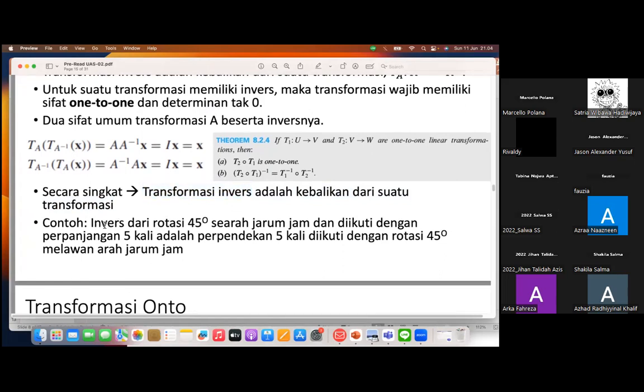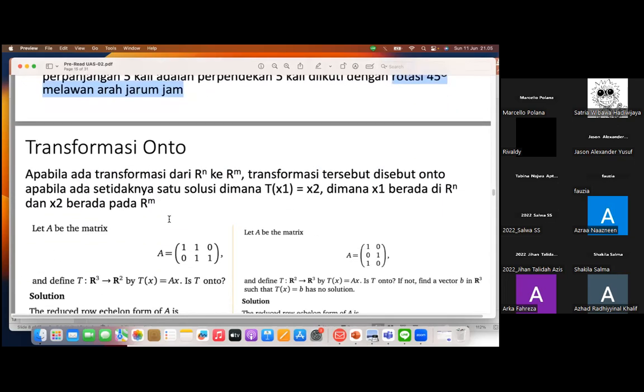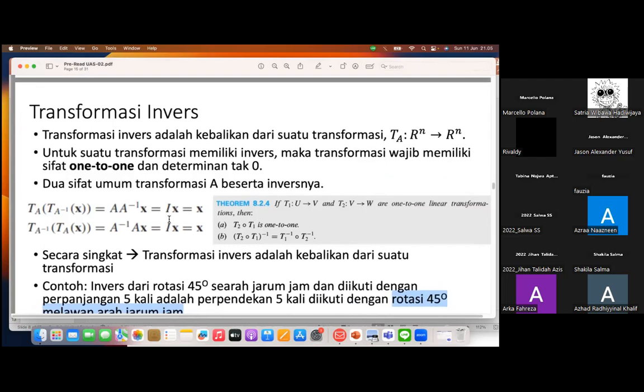An example here: let's say we have a rotation of 45 degrees clockwise followed by an expansion of 5 times. The inverse of this is a compression of 5 times followed by a rotation of 45 degrees counterclockwise. And guys, make sure you pay attention to this, because not only do the operations reverse, but the order also reverses. So this is inverse and this is 1-to-1.